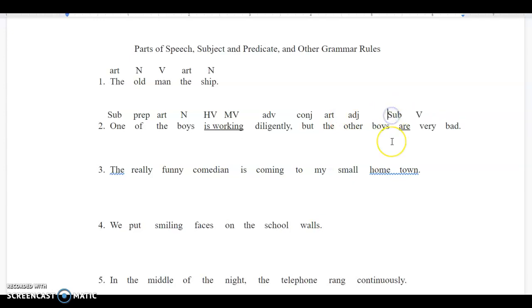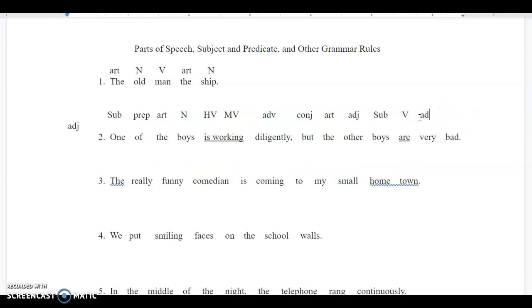It's not these boys, they're other boys, so it is an adjective. Are is your verb, and it's actually a be verb, right? So that means bad is your adjective. Bad is your adjective, and since very is describing the bad, it is your adverb. And there we go. We have all of your parts of speech.